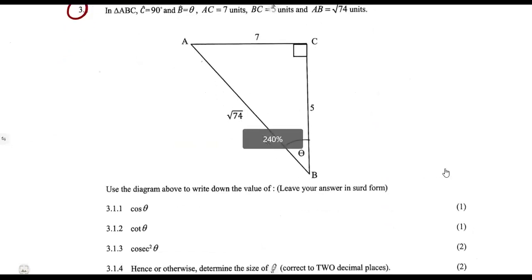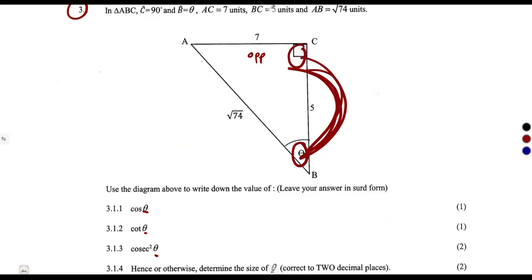According to theta, as we can see, all this is referred to theta. So let's name our sides according to theta. The side which faces theta is your opposite. Theta and the 90 degrees are adjacent to each other, sitting together on this line.